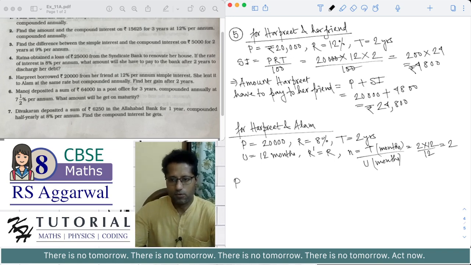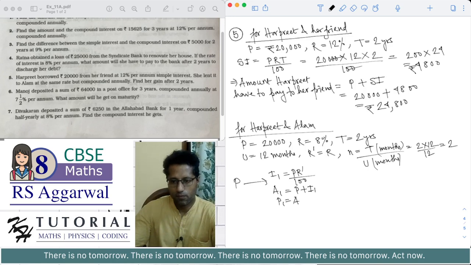Now, I will draw the diagrams. I will not draw the diagrams in great detail. So from P, after the end of the first unit of time, we will have I1 equals P R dash by 100. A1 will be equal to P plus I1. P1 will be equal to A1.